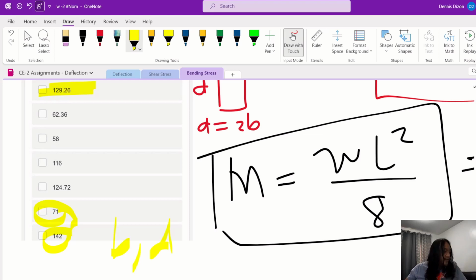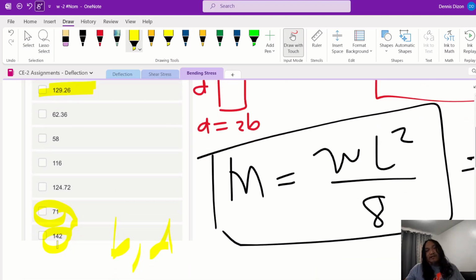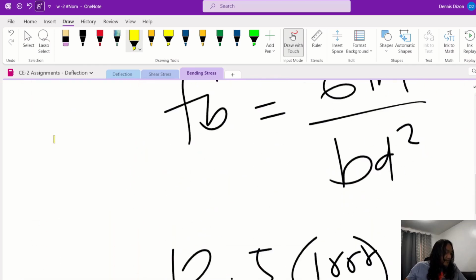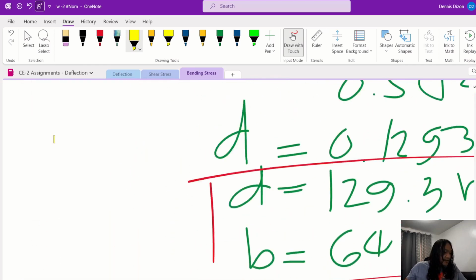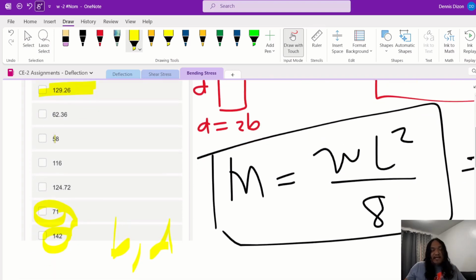For some reason, maybe it's in one of the choices, maybe it was not included when he snipped this problem, because half of 129 is 64.65.